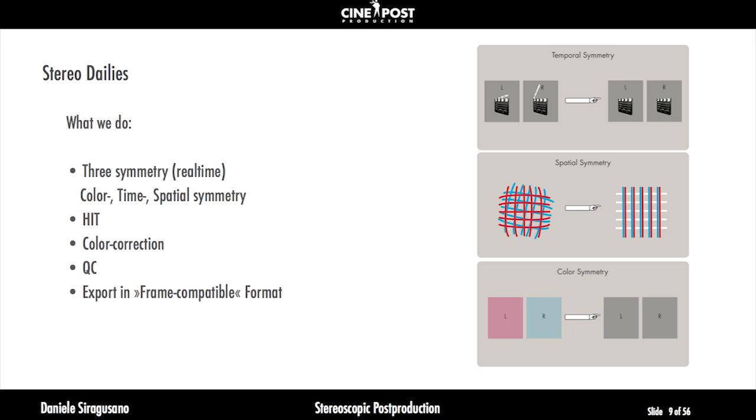Then later in the final color correction, as a DOP, it's harder to establish a really extreme look, for example. So it's pretty important to establish it at the beginning, so that everyone gets used to this look. Of course, we're doing a quality report, and then we export the material in a so-called frame-compatible format.